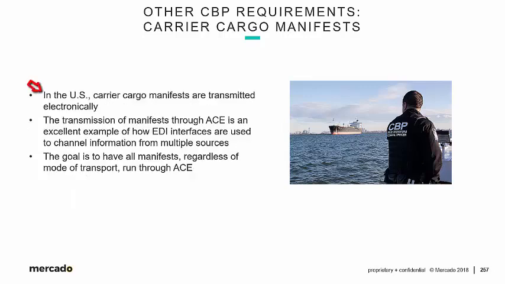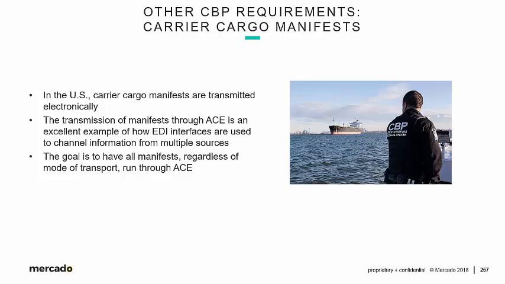In the U.S., carrier cargo manifests are now transmitted electronically. And as we might recall, and we'll definitely see in a moment, the transmission of manifests through ACE is an excellent example of how EDI interfaces, electronic data interchange interfaces, are used to channel information from multiple sources. Who are those sources feeding manifests into ACE?